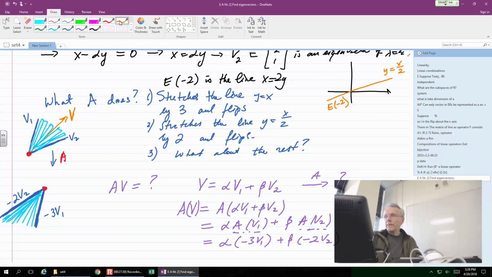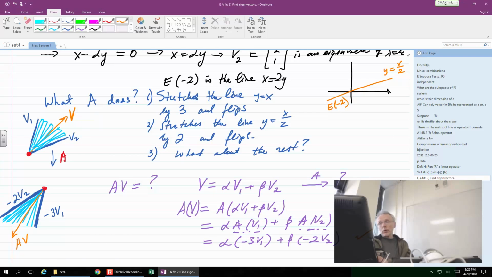And then my v is here somewhere, like this. Hypothetically, if my v was halfway between v1 and v2, it does not mean that it will remain halfway between A of v1 and A of v2, because of this fanning effect. But otherwise, it can be computed, and we know the answer right away.